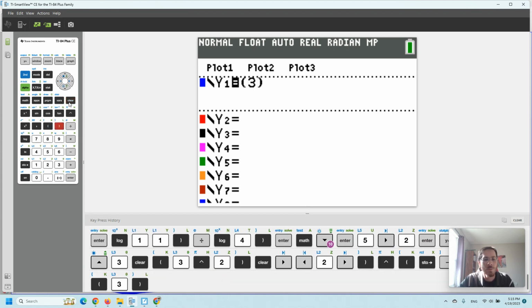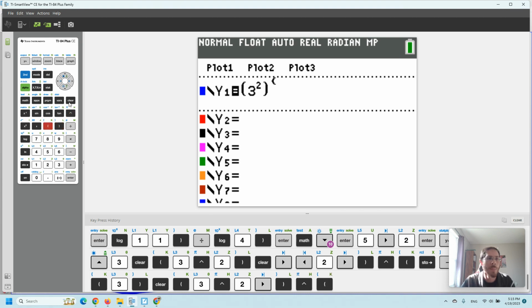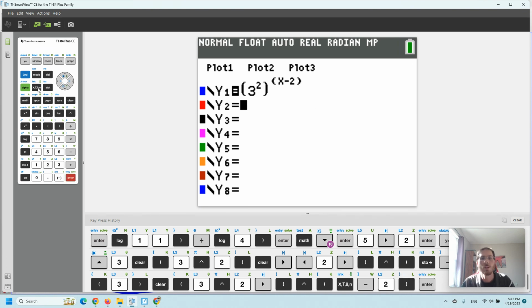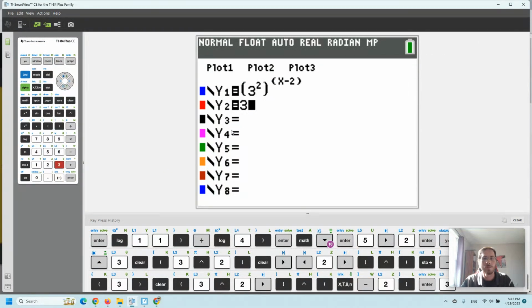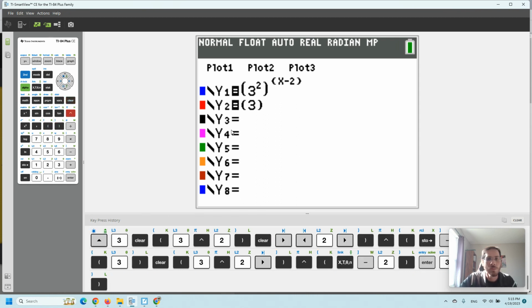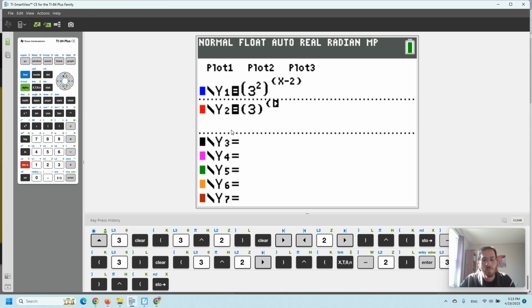That's all right. 3 squared to the x minus 2th power on one side, and then on the other side, I've got 3 to the x plus 2th power. Keep doing x.